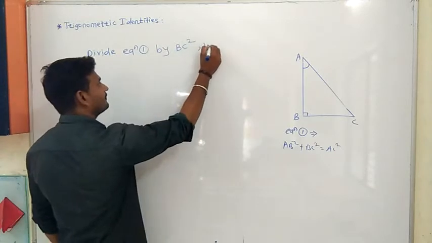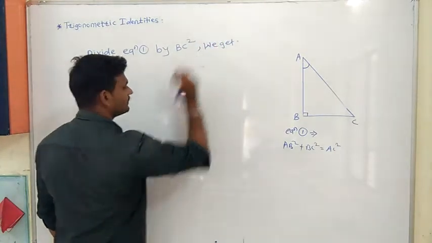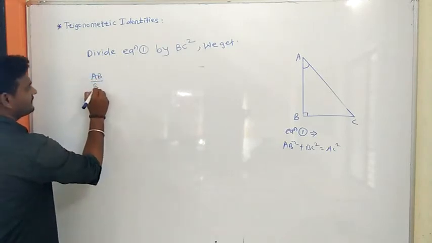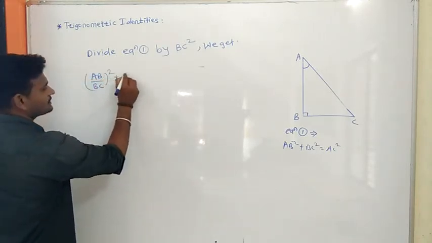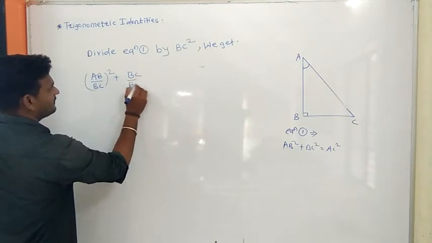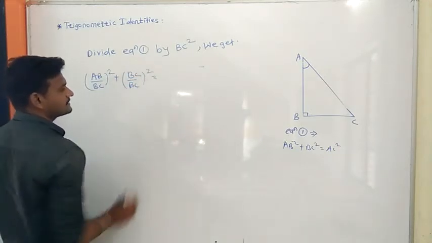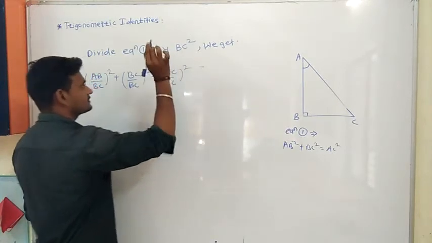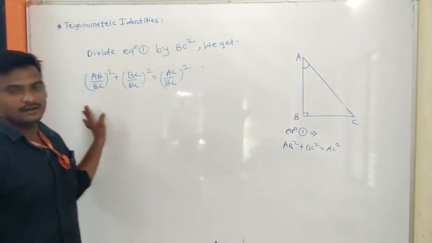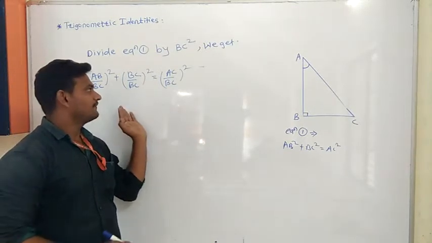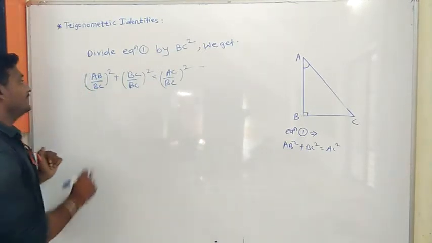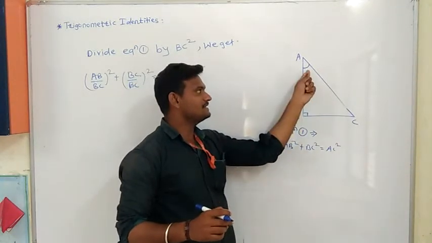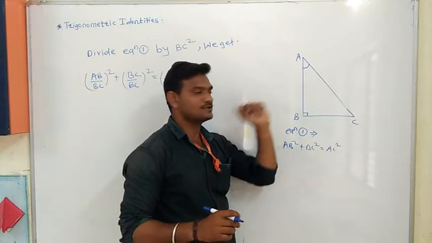Now see here, after dividing equation 1 by BC square, we get (AB/BC)² plus (BC/BC)² is equal to (AC/BC)². Here we have divided the whole equation number 1 by BC square, therefore we got this much. Now, AB by BC: AB is adjacent to angle A and BC is opposite.